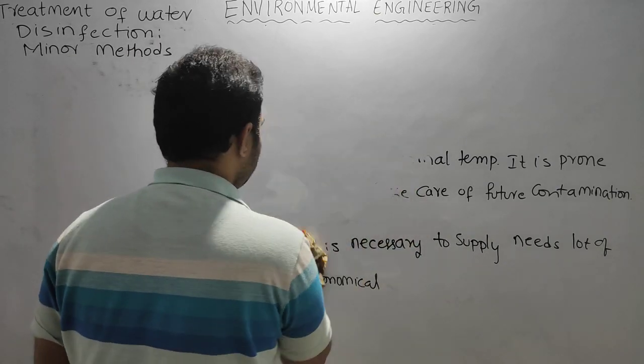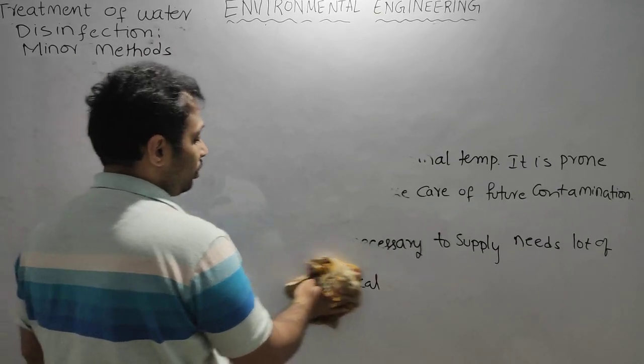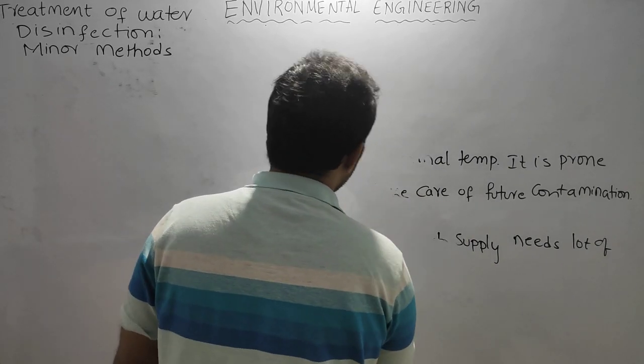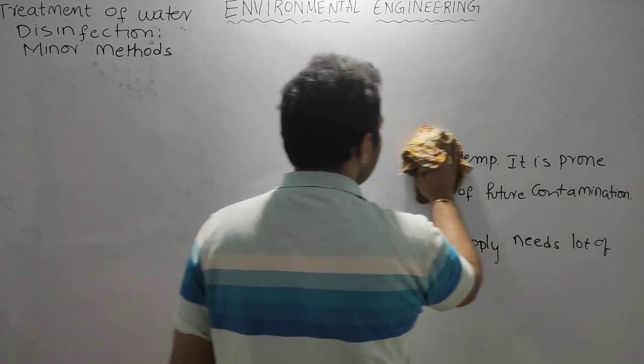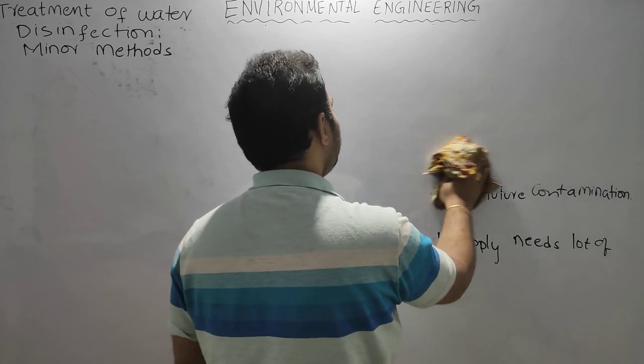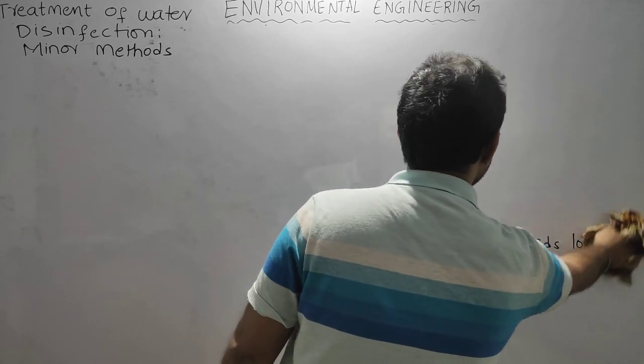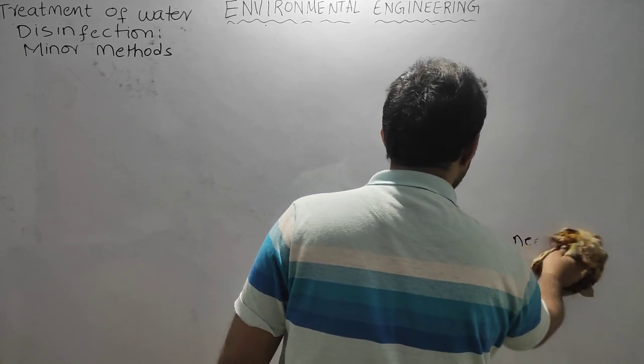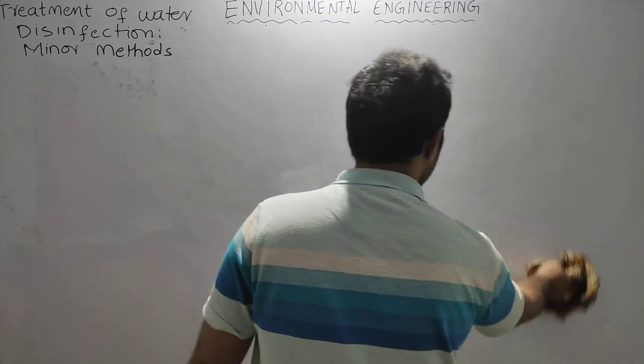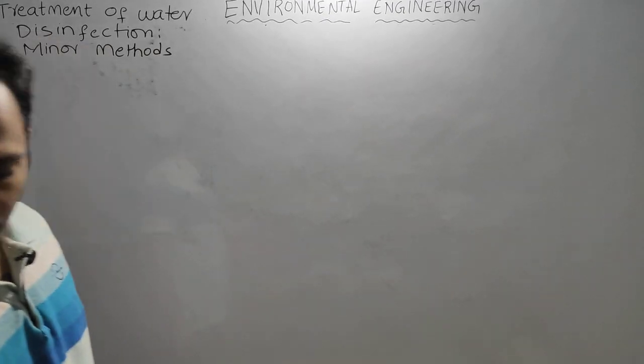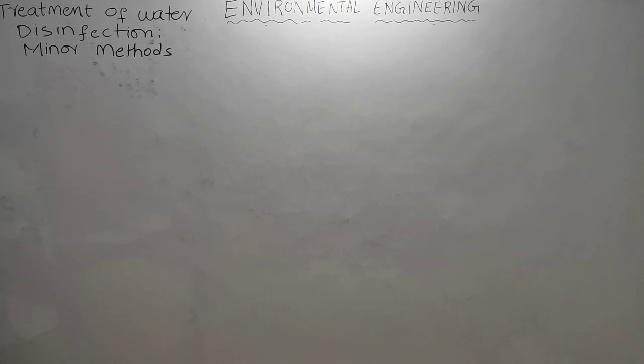Too much exposure to UV rays may damage our skin and our health also. That is why prolonged exposure to UV rays kills the bacteria or any other kind of microorganisms.